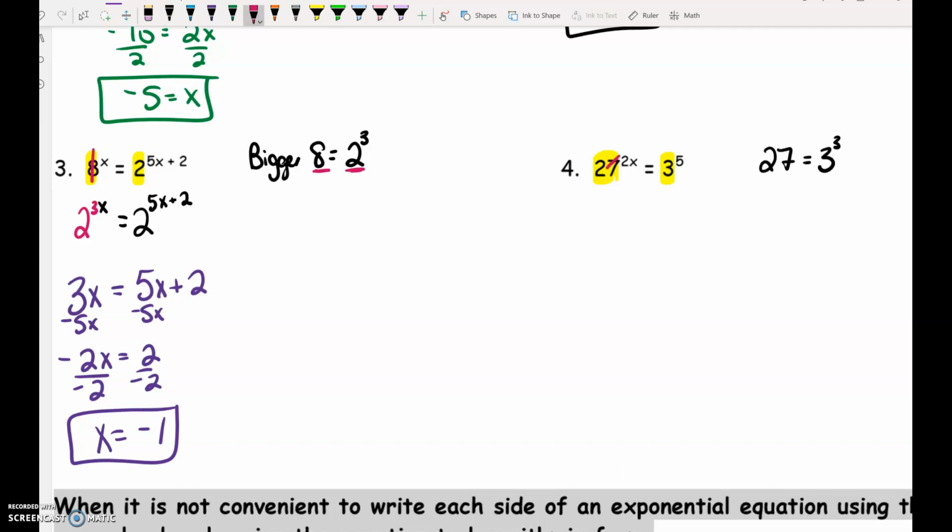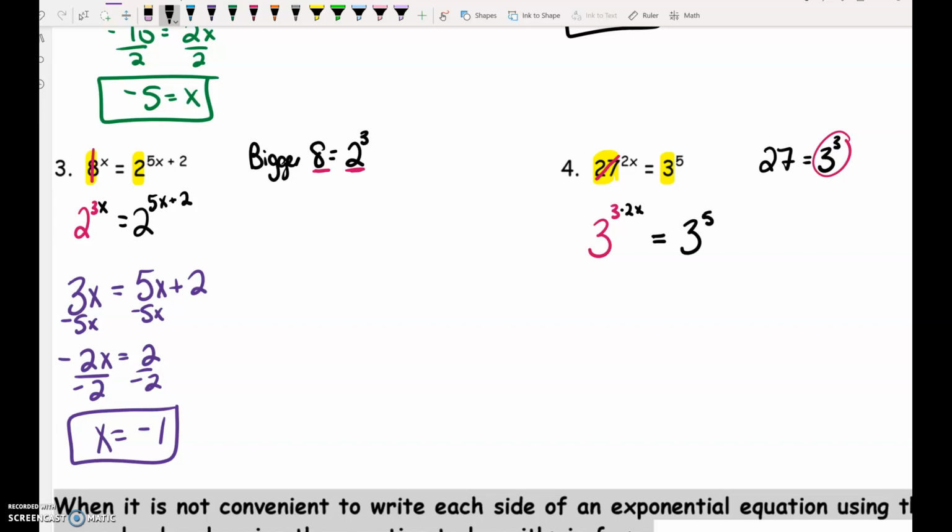So the 27 is going to leave this equation, and we're going to put 3 to the third in place of the 27. That exponent of 2x is still there, and this is going to equal 3 to the 5th.